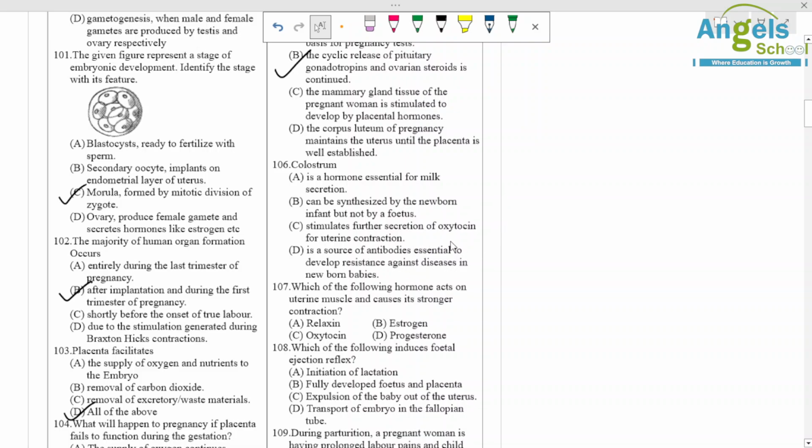Stimulate further secretion of oxytocin for uterine contraction. So after delivery there is no requirement for oxytocin. Colostrum is source of antibody essential to develop resistance against disease in a newborn baby. So this is the correct option, and it contains immunoglobulin A also.